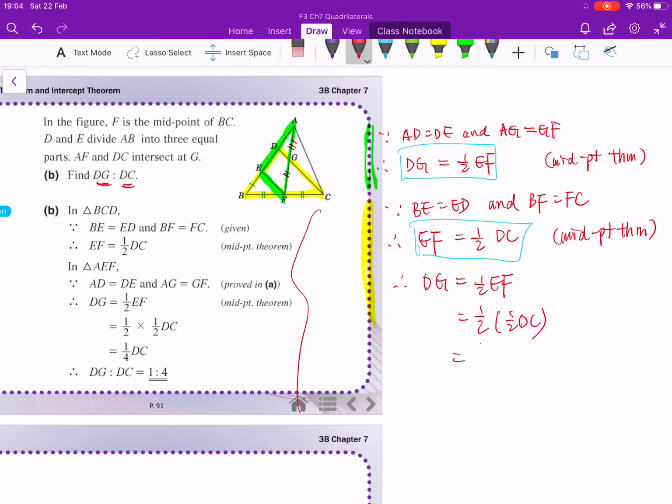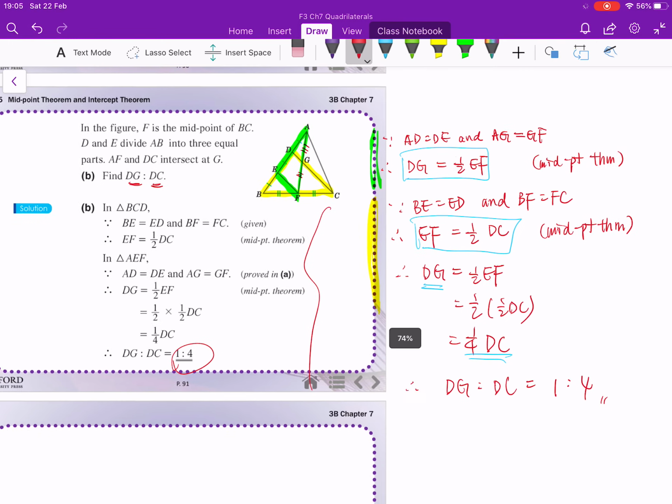So finally, you can see DG equals 1/4 of DC. Therefore, the ratio DG to DC equals 1 to 4. Same as the answer here.